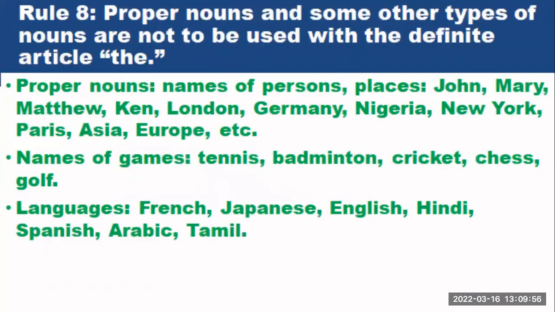Rule number 8, proper nouns and some other types of nouns are not to be used with the definite article the. All right, proper nouns are names of persons, places.